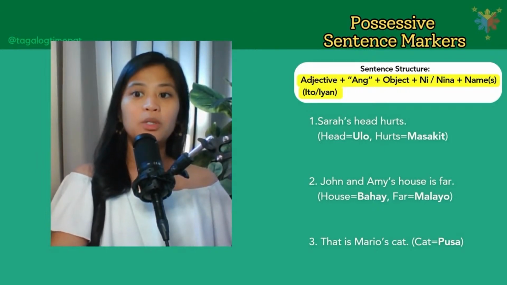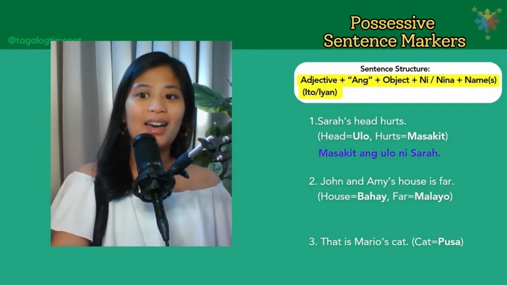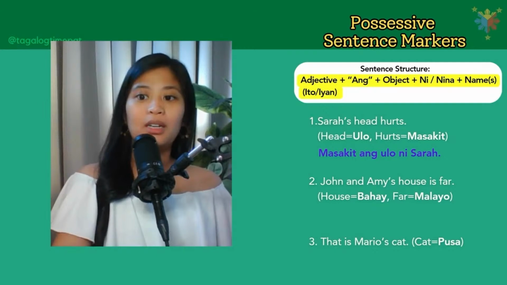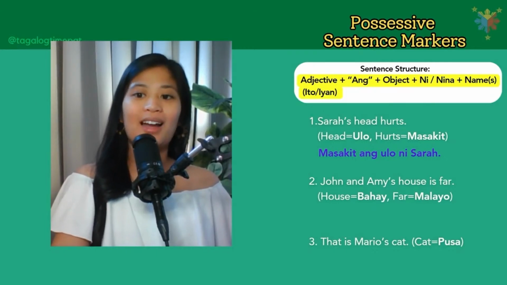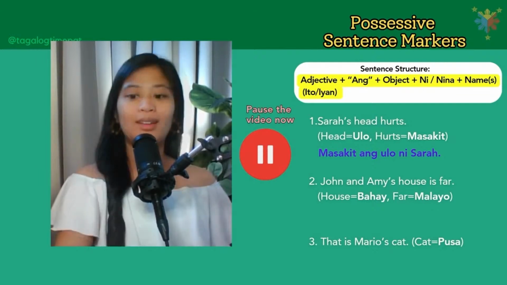Adjective comes first, masakit, ang, ulo, which is the object, ni, Sarah. So it's just one person, so we would choose ni. Masakit ang ulo ni Sarah. Sarah's head hurts.